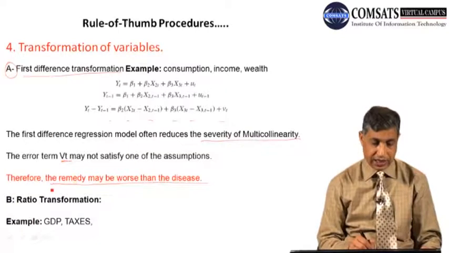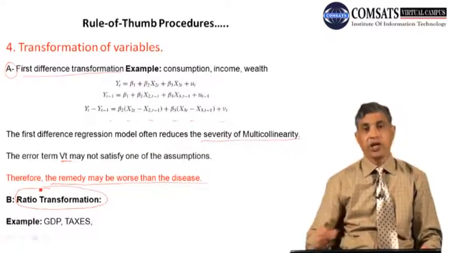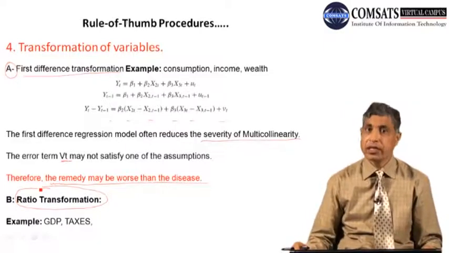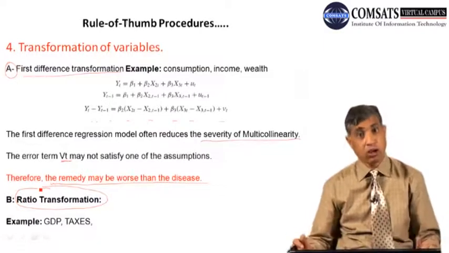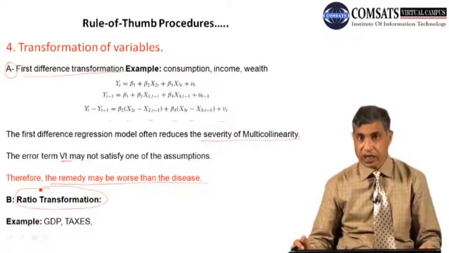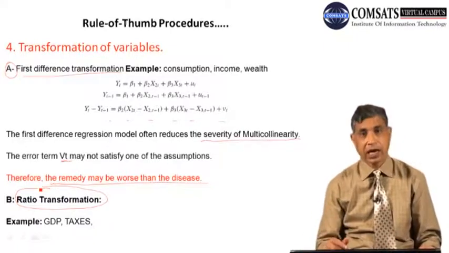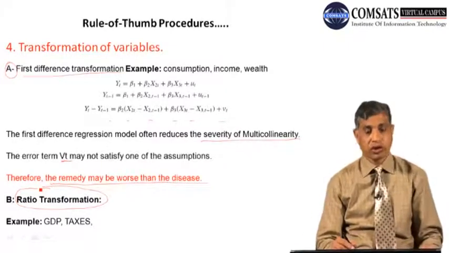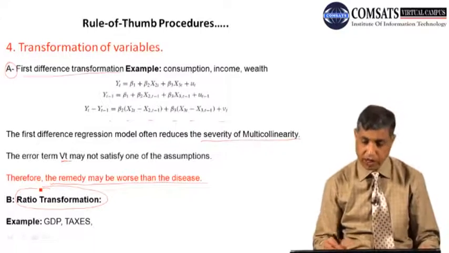Now there is another technique that is called the ratio transformation. If we see that the variables are multicollinear, we can transform them into another kind, that is the ratio, called the ratio transformation. Look at here.